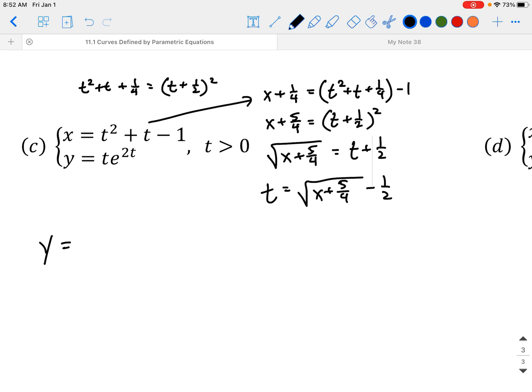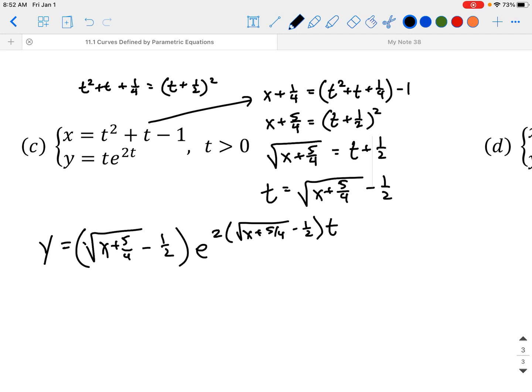And then we just plug all that into our y expression. So we'll have e to the 2 rad x plus 5/4 minus a half times t.